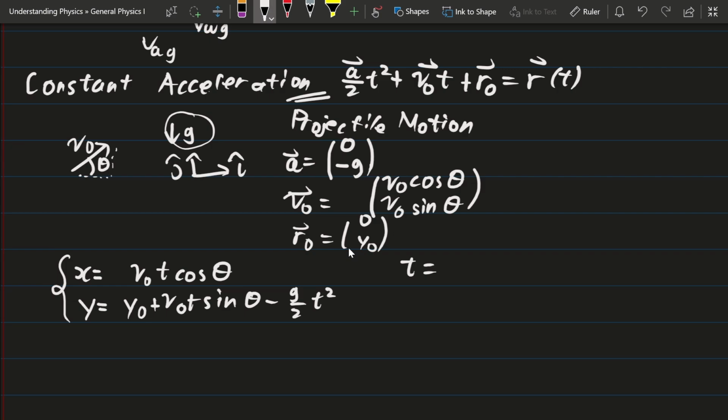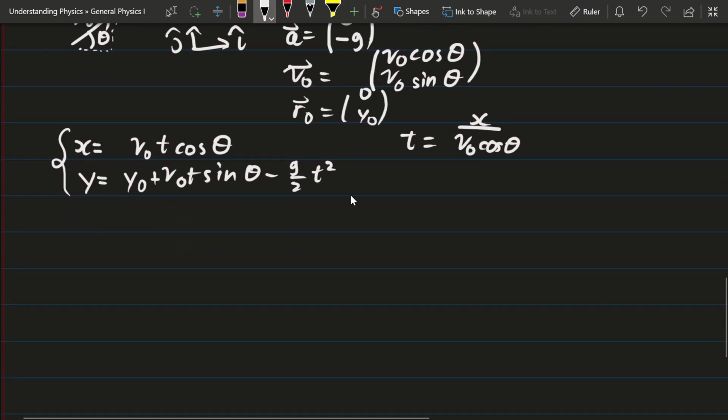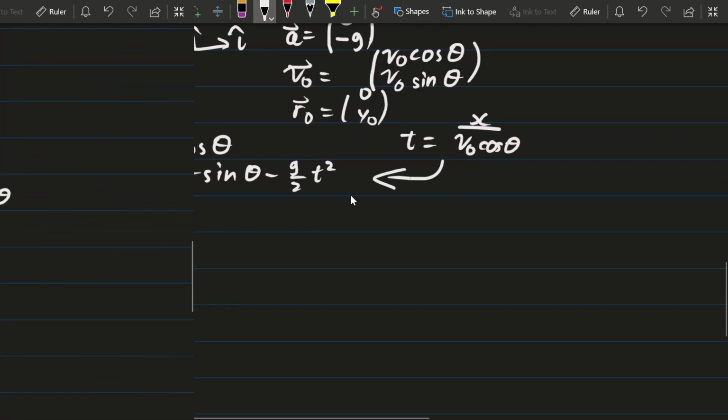We will figure out the time to be x over v0 cosine theta. If you check the unit, this will be length, and the bottom will be length over second. And so the entire unit will be seconds, so it makes sense. And let's try to plug this in here.